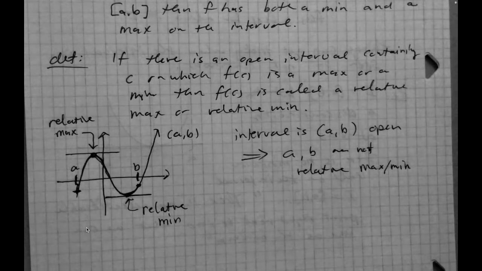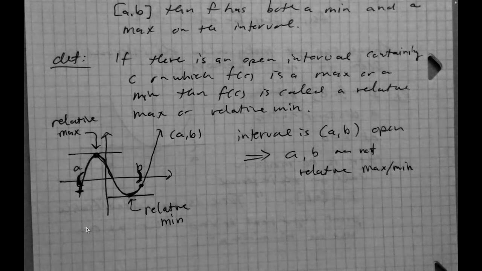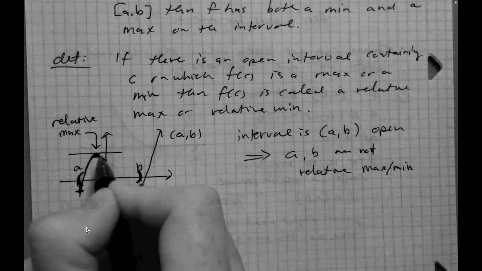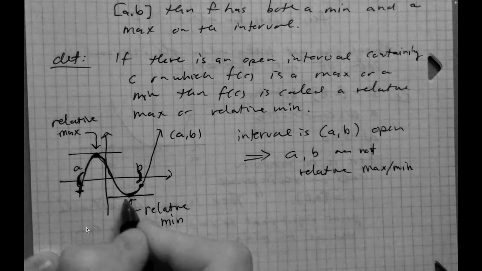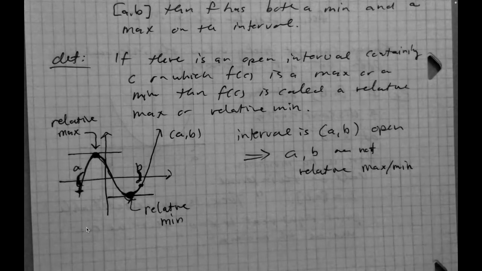And so by having the interval be an open interval, it forces any maximums or minimums to be of this type, where you have a peak or you have a valley. Okay, so these are called relative maxes and mins.